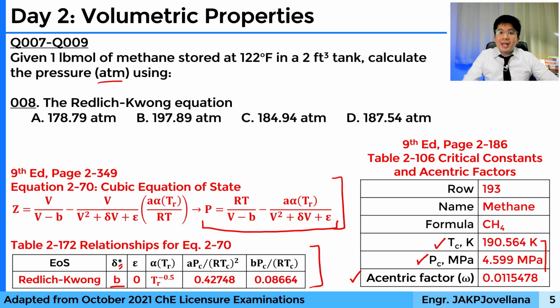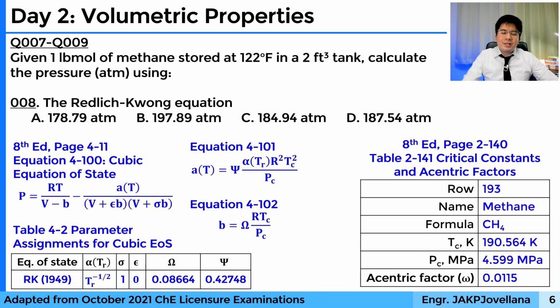Similarly, we can obtain the same equations using the 8th edition of the Perry's Chemical Engineering Handbook. We can use the cubic equation of state in chapter 4. These are the parameter assignments for the Redlich-Kwong equation, and these are the equations for A, function of temperature, and parameter B. We can also obtain the critical constants for methane from chapter 2.